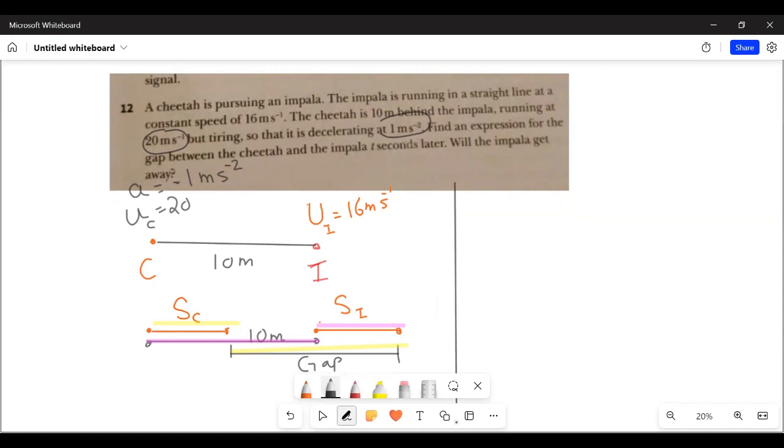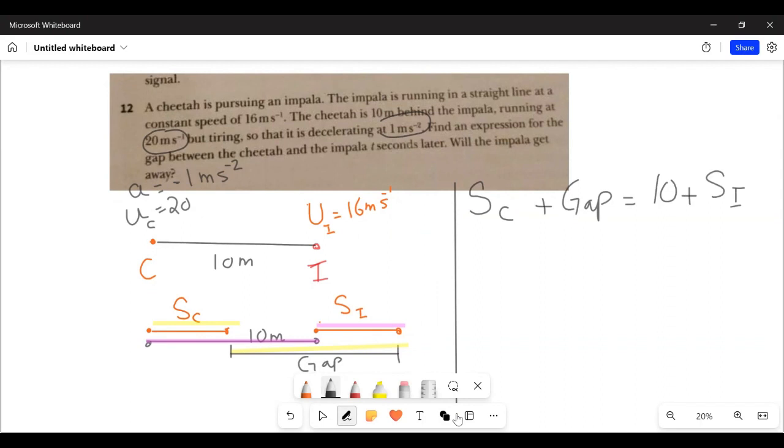So which means that the distance covered by the cheetah in time t plus the gap is equal to 10, that was the initial gap, plus the distance covered by the impala.